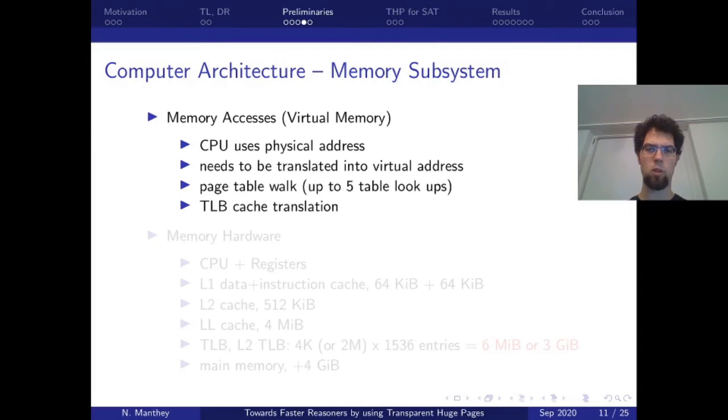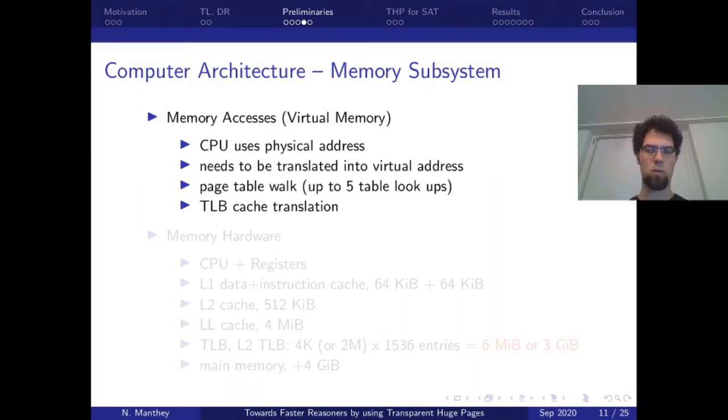So from an architecture point of view, the interesting piece here is the memory subsystem, where memory accesses use virtual memory from a programmer's point of view, and then the CPU and hardware actually need physical addresses to access data. So we need to translate from virtual to physical addresses, which is implemented by a page table walk for several pieces of the address, and that is up to 5 table lookups in recent CPUs.